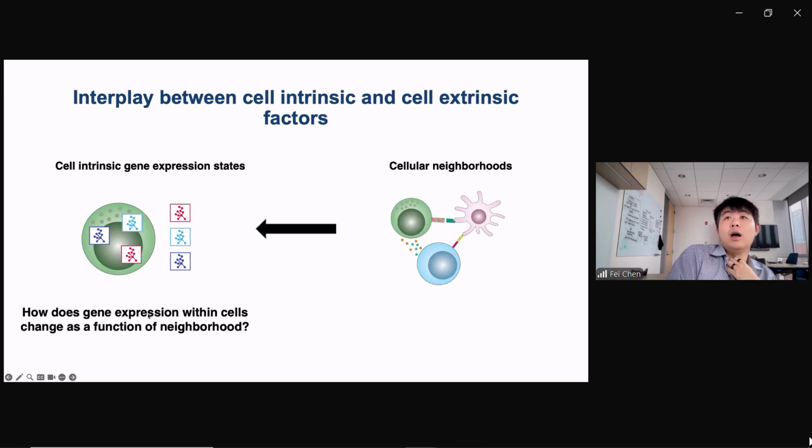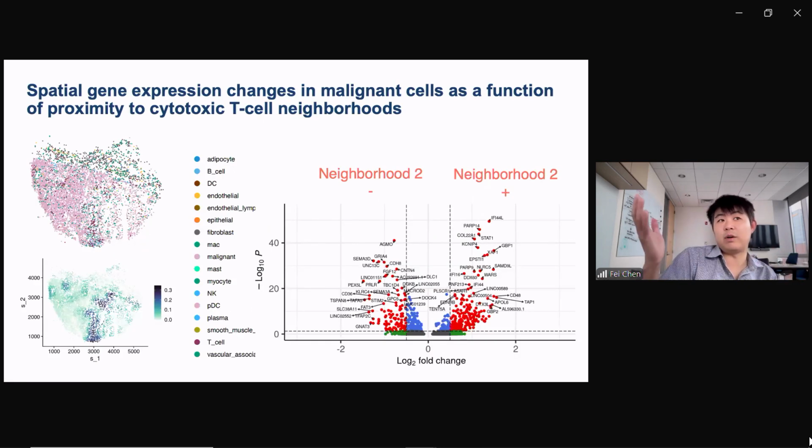And so we set out to ask this question: now that we can define cellular neighborhoods, how does this change gene expression within cells? There are many ways you can do this. One way is to perform simple differential expression. For example, you could ask, in malignant cells, as a function of proximity to these cytotoxic T cell neighborhoods or far away.